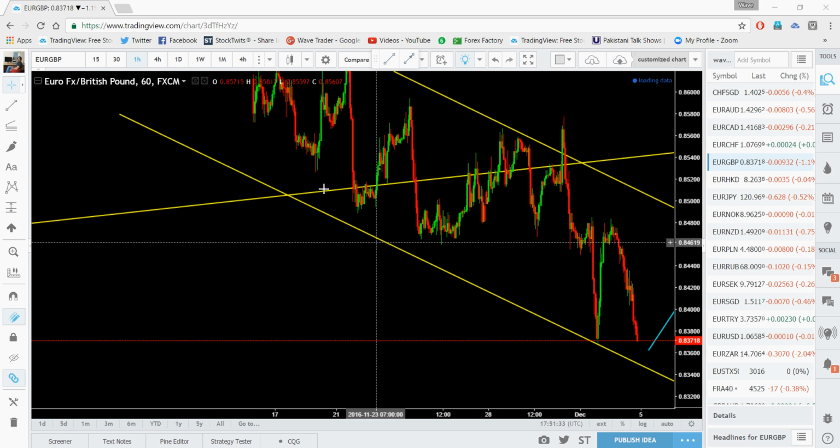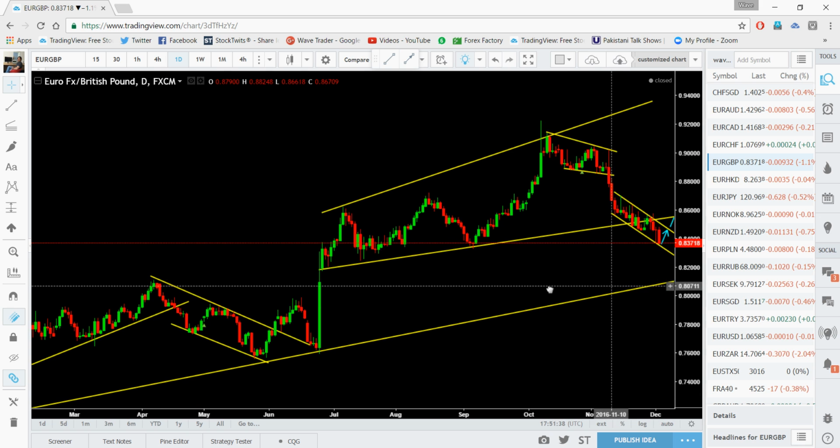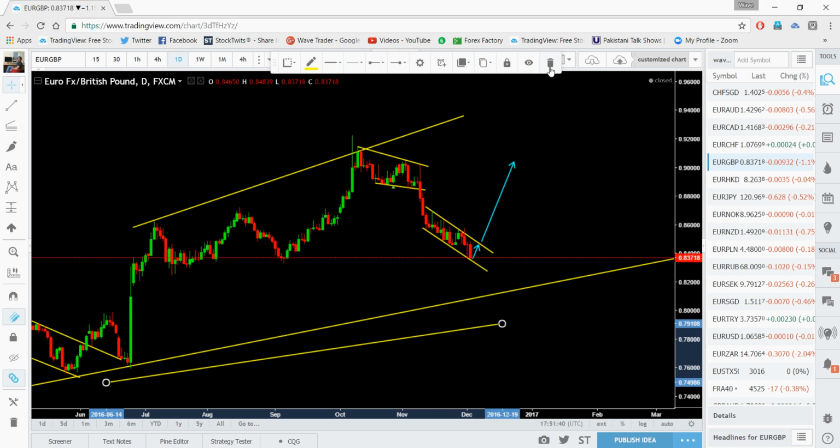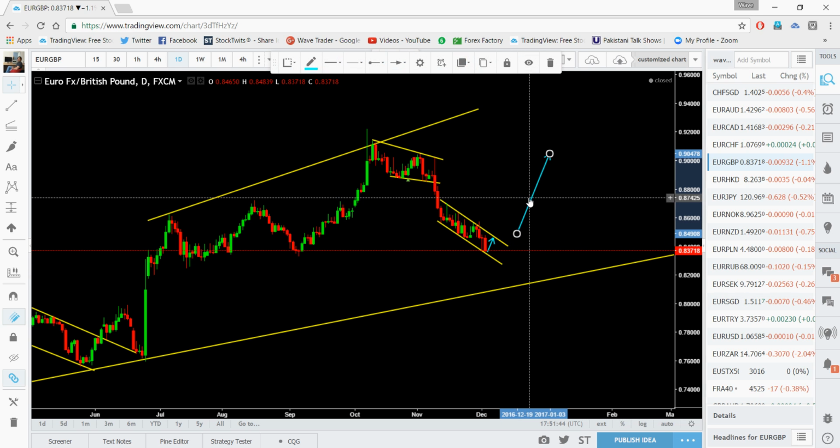Okay, so indications are favorable on this pair. Indications are saying look for buy to the upside. We are still expecting that price is going to break through this trend reversal pattern with impulse, and we are looking to hold our buy setup at bottom trend line.